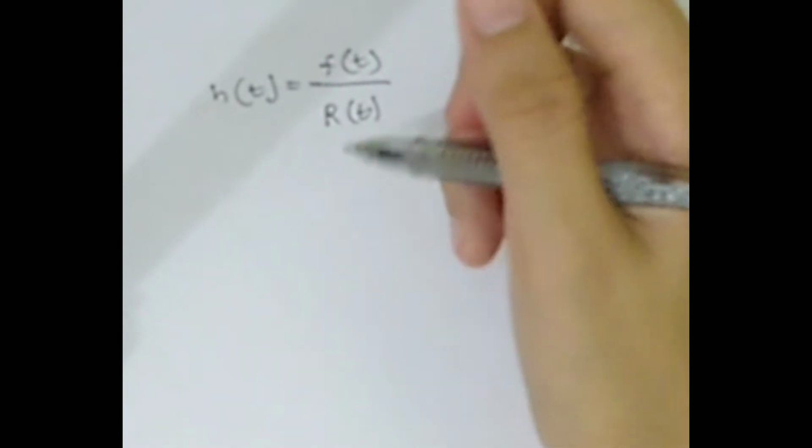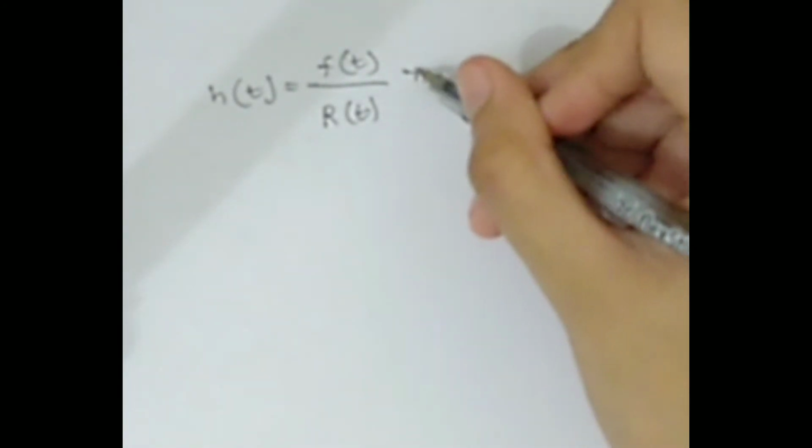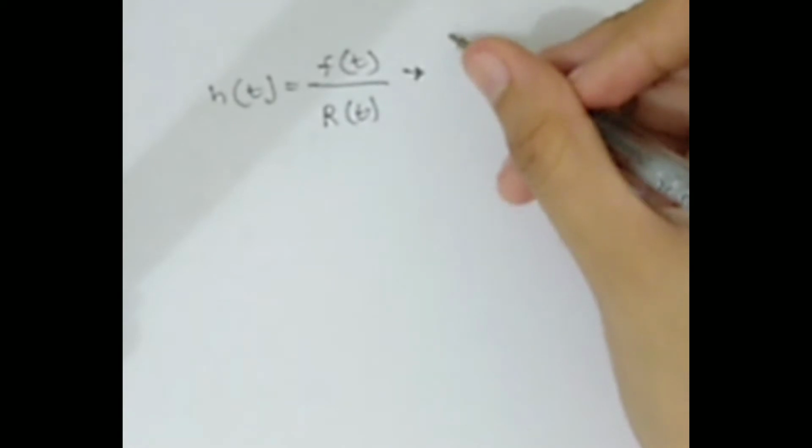Hazard rate function. The hazard rate function is given by h(t) equals f(t) over R(t).